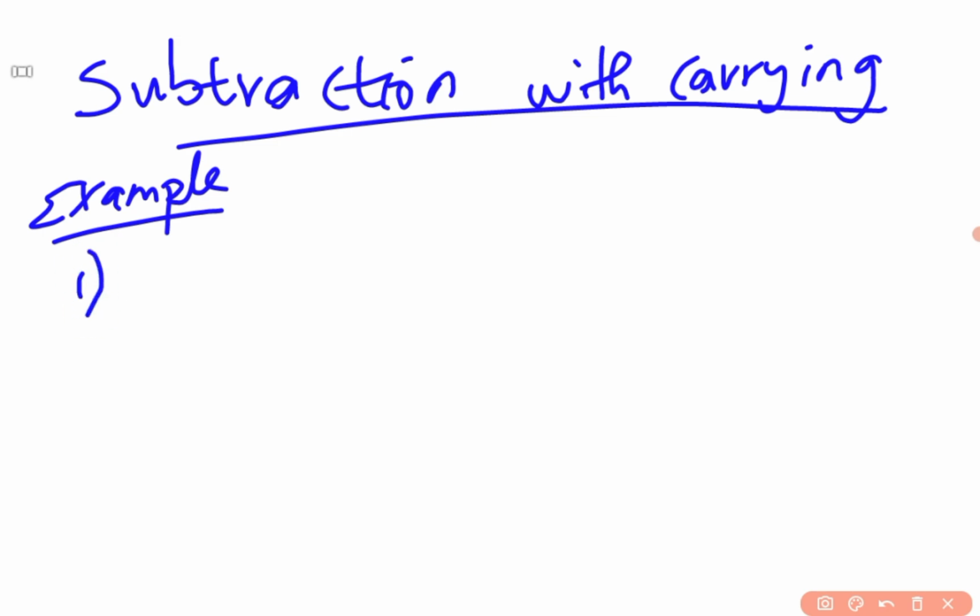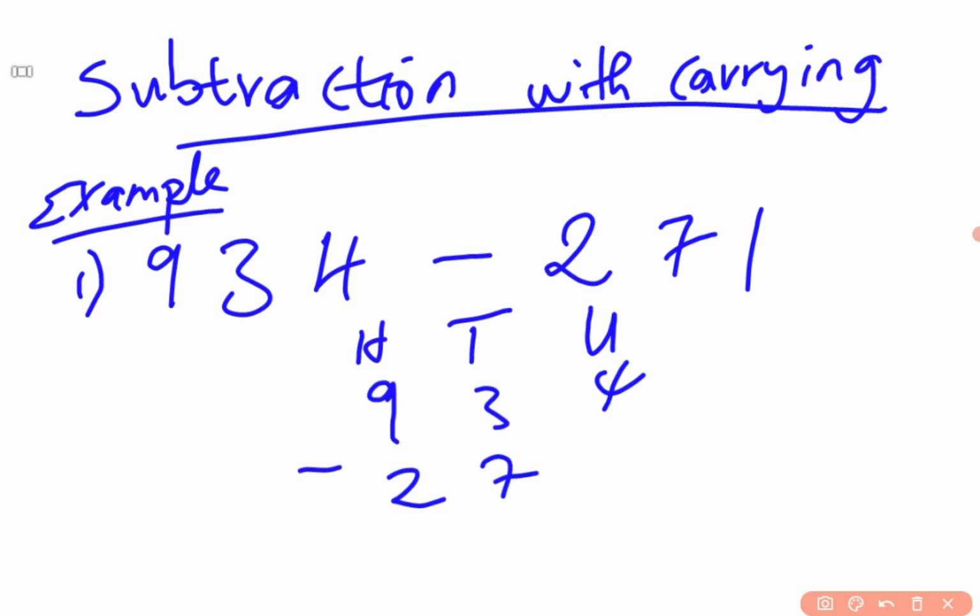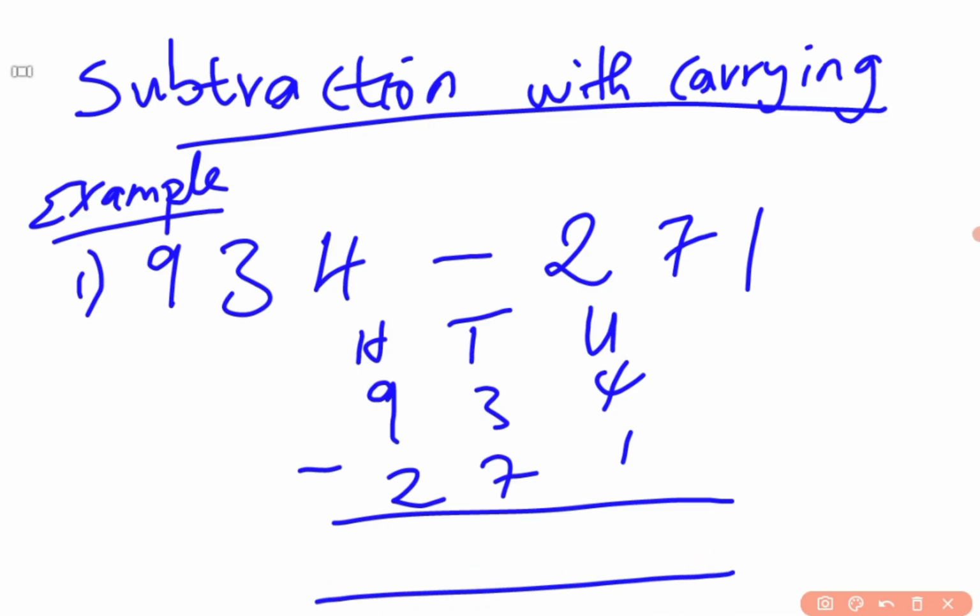Now you have, for example, 9, 3, 4 take away 2, 7, 1. So you first of all have to place them again under place value of hundred, tens, and unit. Now you have 934 take away 271. Now what happens is this: 4 take away 1, 1, 2, 3, 4 take away 1, the answer is 3.